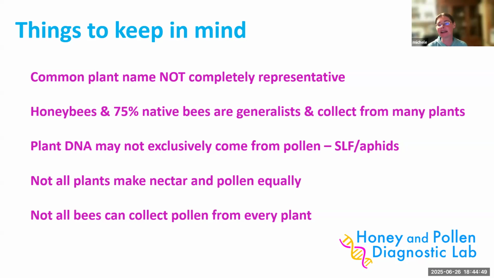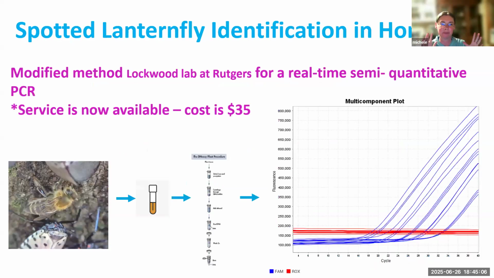That way people will at least get some type of answer if they're looking to answer a specific question. But I like to bring those things up because, like any complicated diagnostic method, not everything's perfect. Let's put it that way.